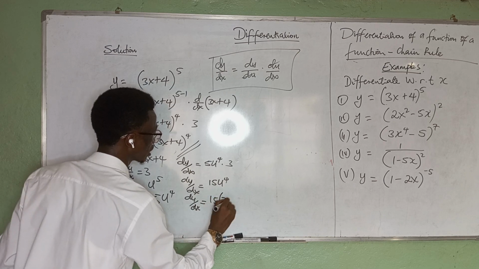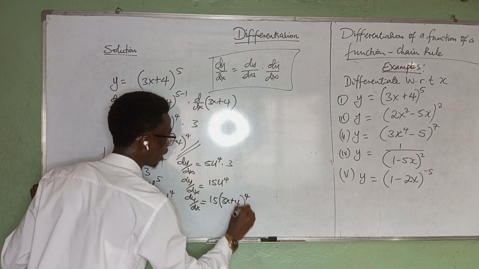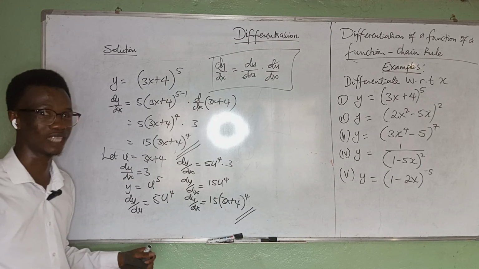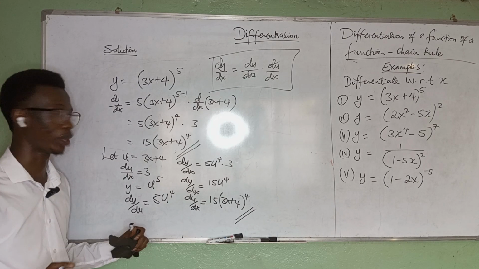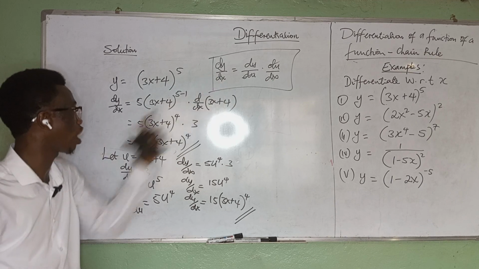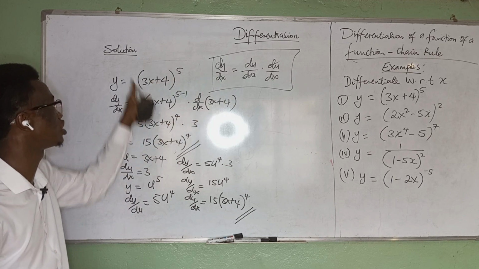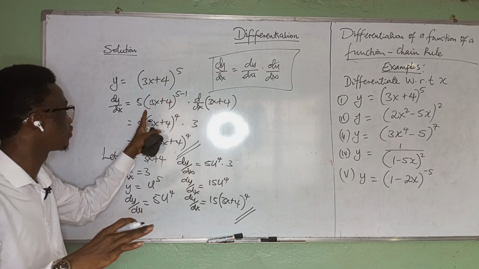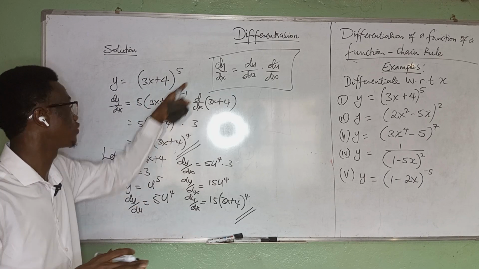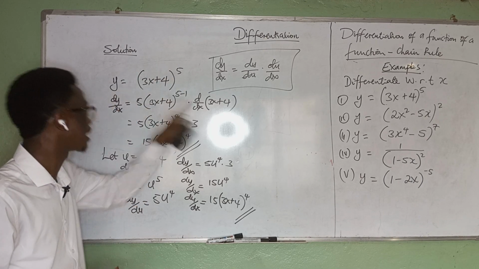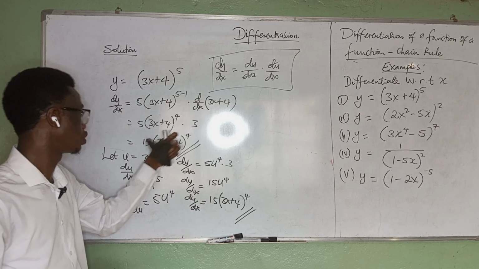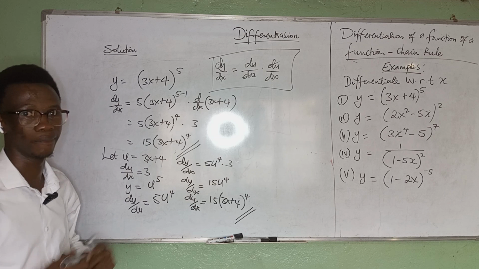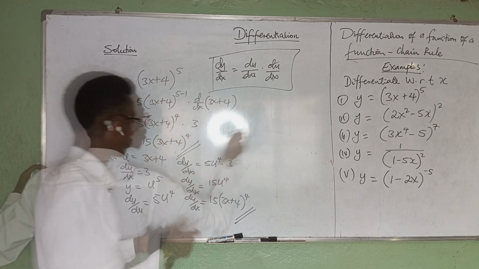Your u is 3x + 4, all raised to the power 4. So that's your answer when you use the formula. So whether you use this formula or the direct method, wherein you differentiate with respect to the power and then differentiate what's inside the bracket, you still have the same answers. Okay, so let's look at number 2.